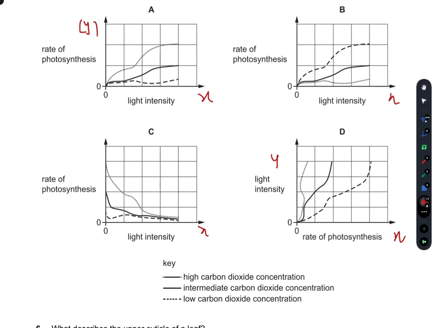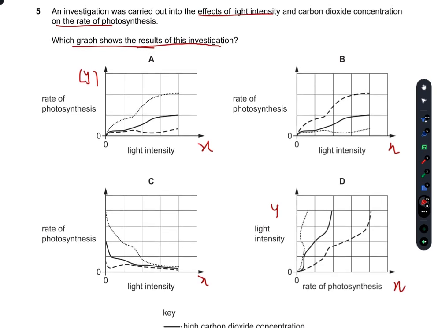This kind of line represents a high carbon dioxide concentration, whereas the straight line represents the intermediate carbon dioxide concentration, and this dotted line represents low carbon dioxide concentration.